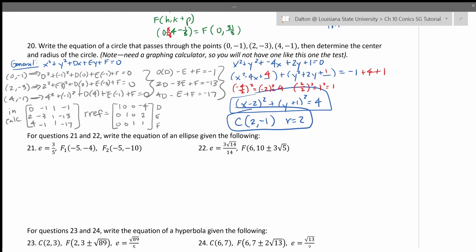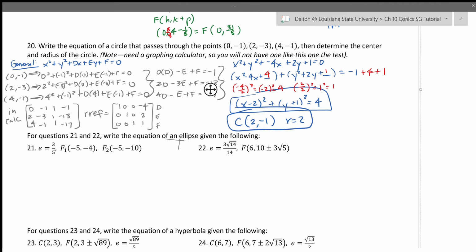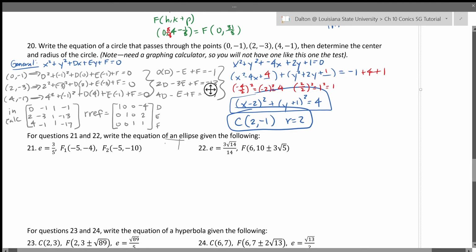So if I graph these foci, imagine the focus at -5, so you go 5 to the left and then 4 down, and then the other focus would be at -5 and then down to -10, like this. That means they have the same x values and different y values. That means our ellipse is stretched more vertically, which means our y squared term is going to be first for number 21.